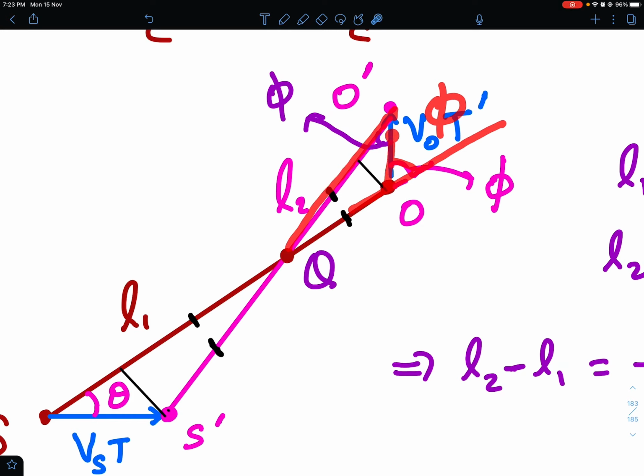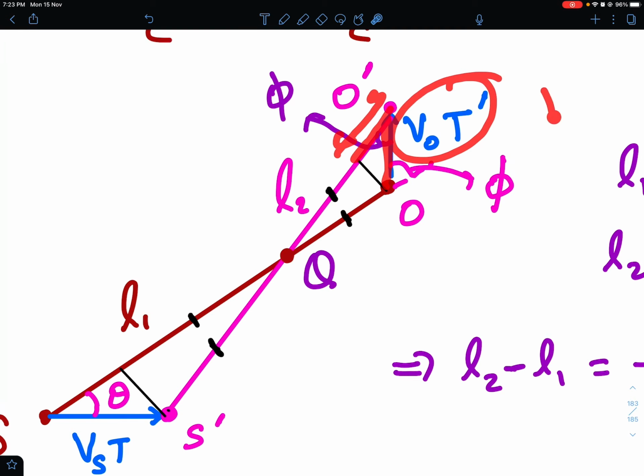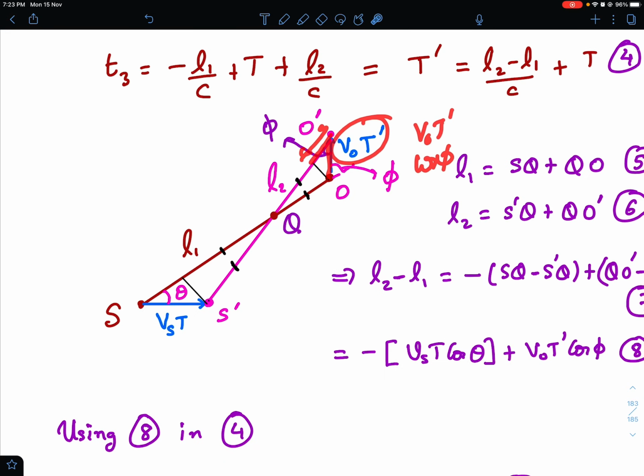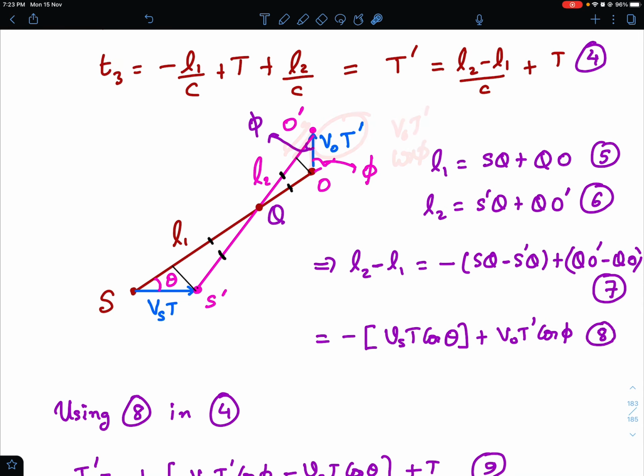This angle is phi, and this has traveled a very small distance, so this angle is also almost phi, because this distance is going to be very small if the frequency is sufficiently large. So if this angle is phi, this angle is also almost phi, and then this vertical distance is v naught t prime, so this much distance must be v naught t prime into cos phi, right? So QO prime minus QO is v naught t prime cos phi.